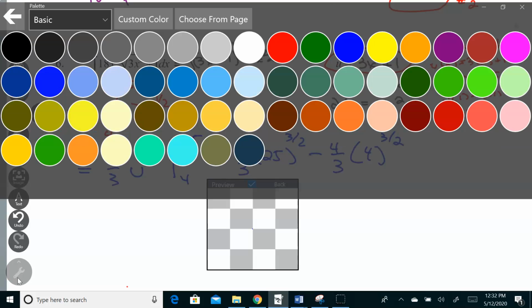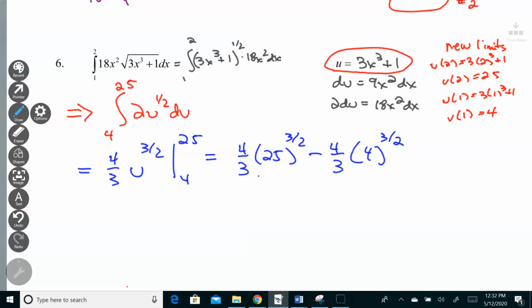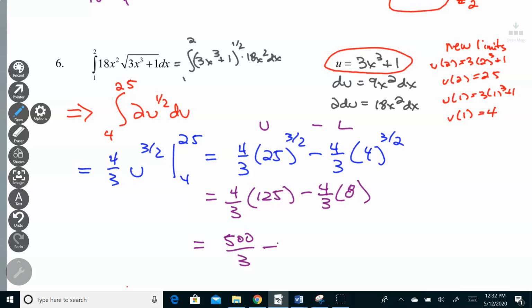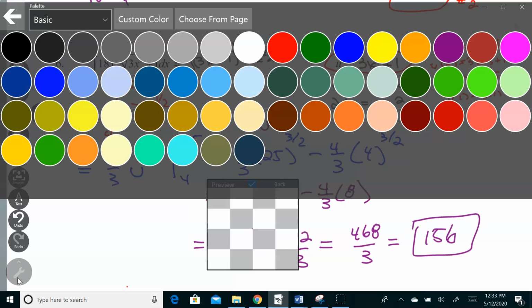That is plugging in my upper minus my lower. And I get 4/3 times 125 minus 4/3 times 8. I think you're going to see you get exactly what you had before, 468 over 3, or 156.